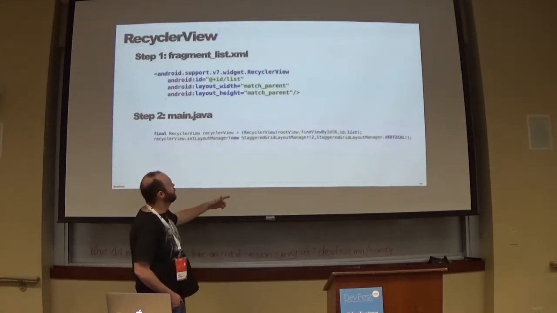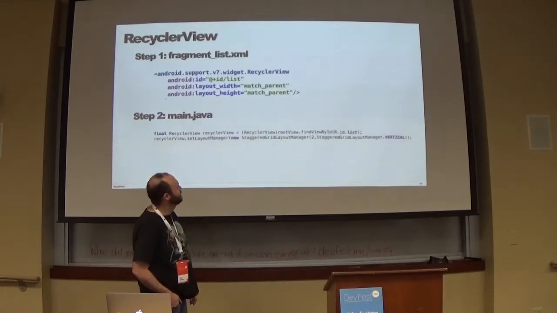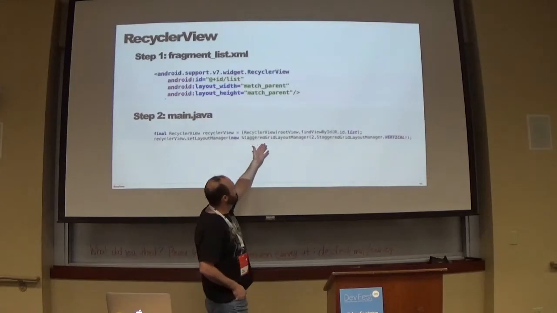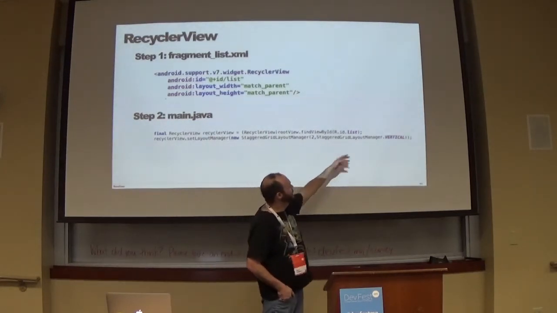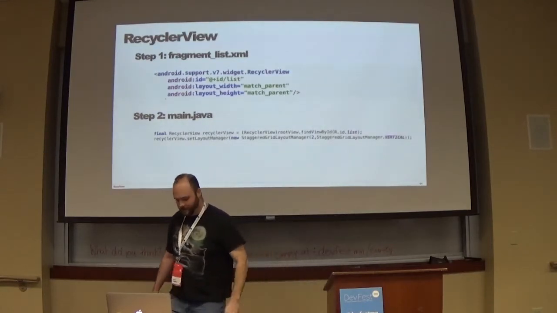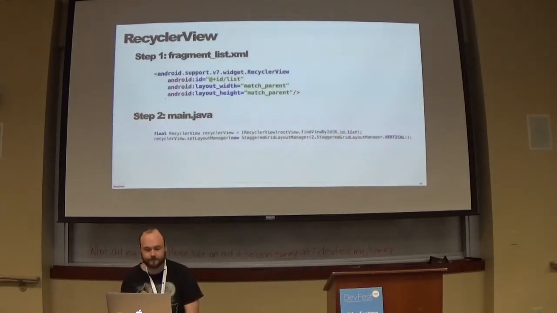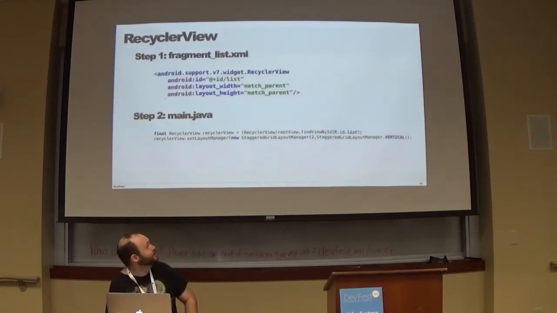I did it all on one line. To make a staggered grid view, all you have to do is instantiate it, and this 2 is for the columns, and I want it to be vertical and not horizontal. So that's basically it on how to add the RecyclerView to your project.